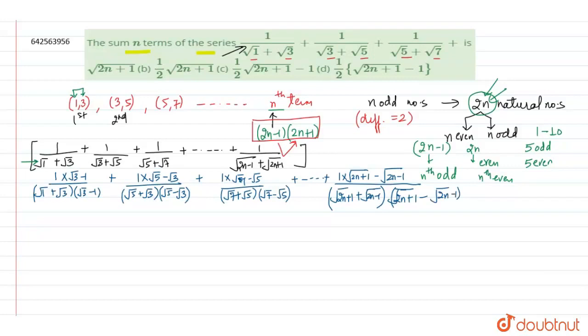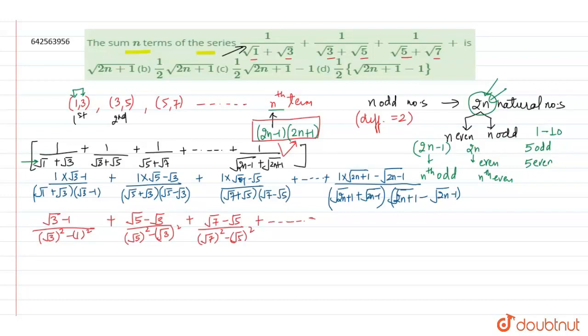Clear? So what do we get after solving this? In the numerator we have root 3 minus 1 and in the denominator we have the identity a plus b into a minus b. So we get root 3 square minus 1 square. Similarly in the next one, root 5 minus root 3 upon root 5 square minus root 3 square, and in the next term, root 7 minus root 5 upon root 7 square minus root 5 square.